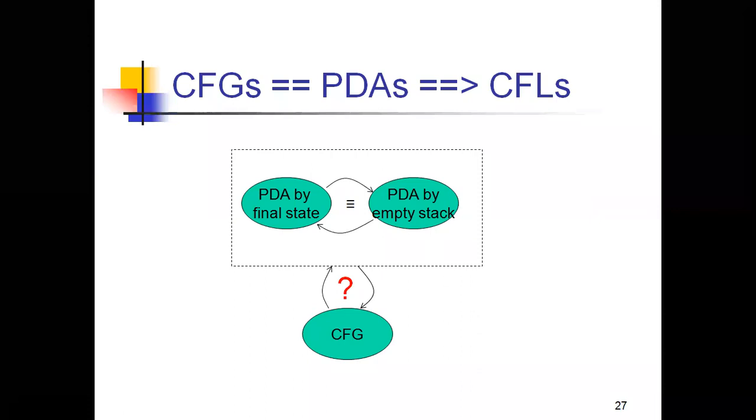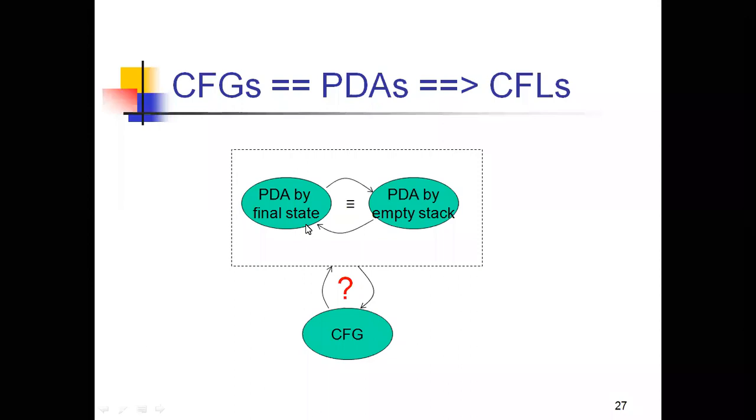CFGs are equivalent to PDAs as well as to context free languages. Whenever the automaton is equivalent to context free grammars, automatically it should be equivalent to the context free languages. So this is a simple architecture for that model: PDA by final state as well as PDA by empty stack. I already showed you how they are equivalent.